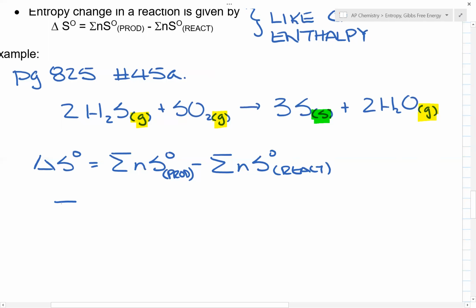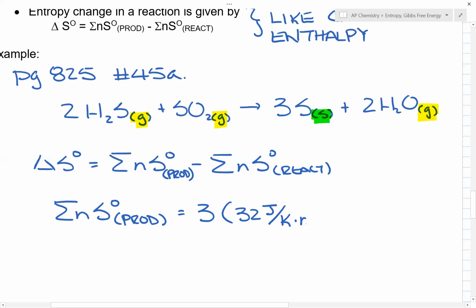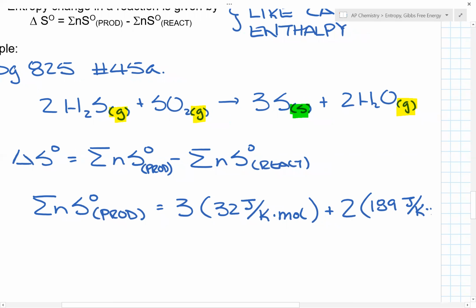So here, looking at the sum of the S naught of the products, I would do 3 times sulfur, which is the rhombic, which is 32 joules per Kelvin per mole, plus 2 times water, which is a gas, 189 joules per Kelvin per mole.